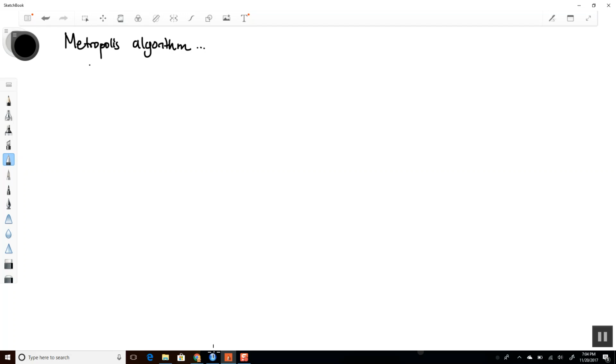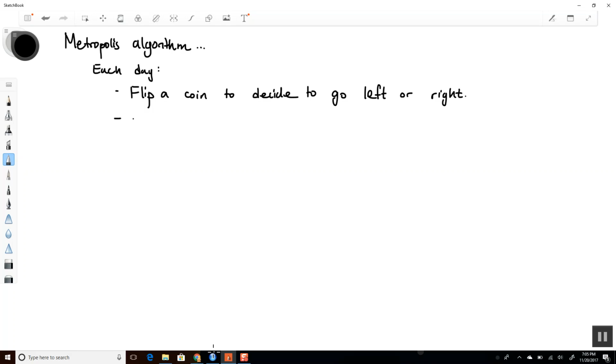So each day, we will flip a coin to decide to go left or right, okay? And then what we'll do is we will find our current population.